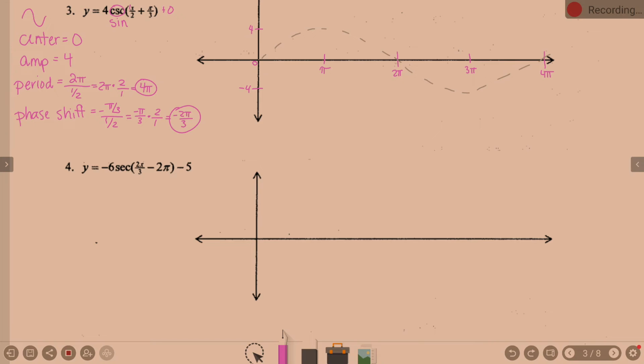So between 0 and pi, I'm going to put 2 tick marks that break my sections into 3 sections. Does that make sense? Those tick marks would be technically pi over 3 and 2 pi over 3. Are you with me? Now, I'm not going to label all this because it's going to get messy. But what do I need to do between each set of pi's?